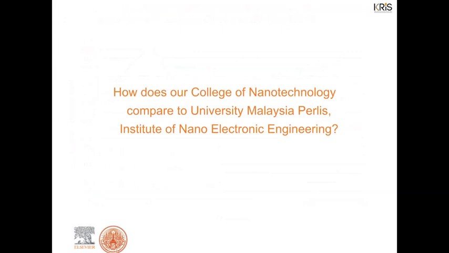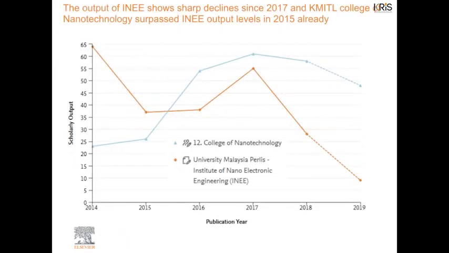So I did this quickly this morning, and we see that in terms of number of papers, the Institute of Nano-Electronic Engineering, maybe they closed down or they are not so active anymore, but they went from 55 papers in 2017 to less than 10 papers last year. So your College of Nanotechnology surpassed the number of papers of this particular institute in 2015 already.